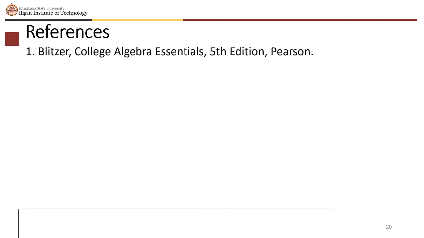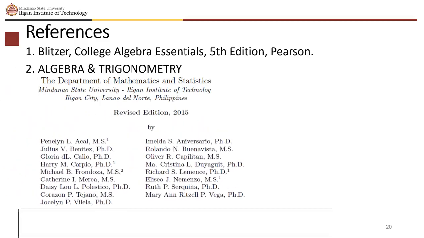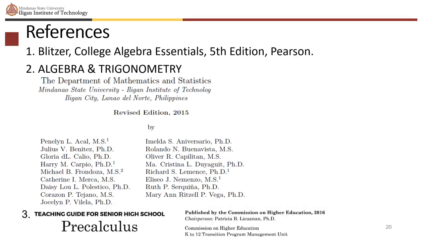So for our references, we have Bleacher College Algebra, Stencil's 5th edition, Algebra and Trigonometry from the Department of Mathematics and Statistics. And we also have here the teaching guide for senior high school pre-calculus.